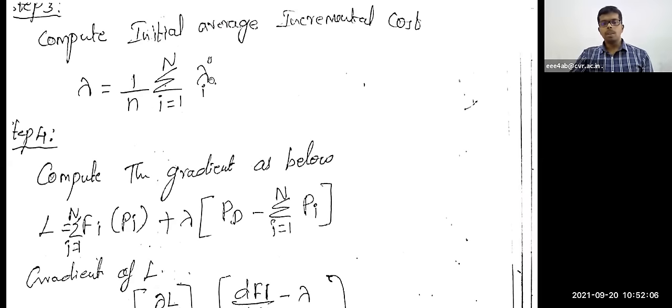So lambda 1 naught plus lambda 2 naught up to lambda 100 naught, you add everything and divide by 100. So the initial average incremental cost is 1 by n, summation i equals 1 to n of lambda i naught.